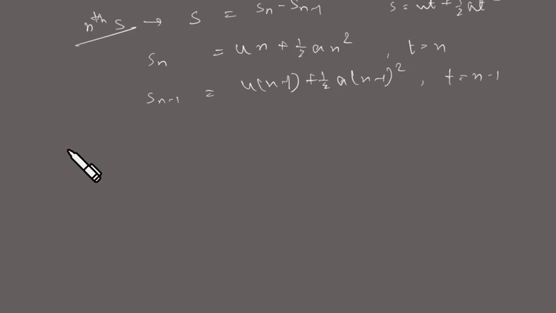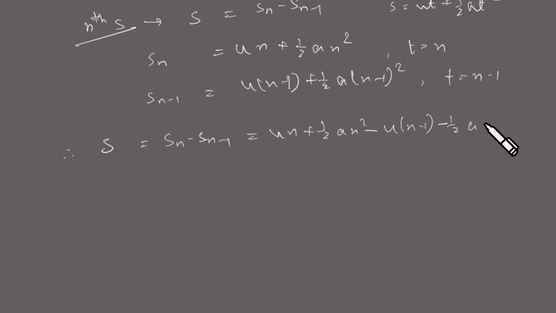Therefore we can say that in exactly nth second, the displacement of the body equals Sn minus Sn minus 1, which equals un plus half a n square minus un minus 1 minus half a into n minus 1 whole square.